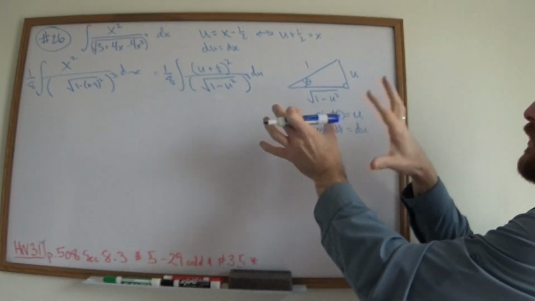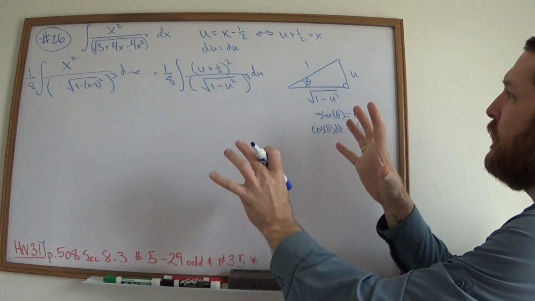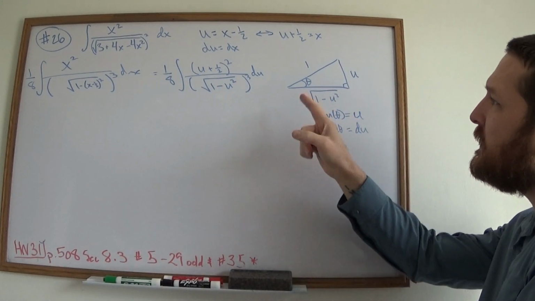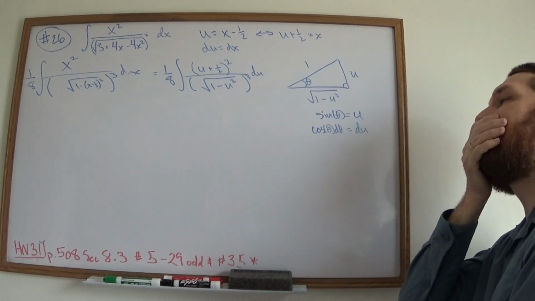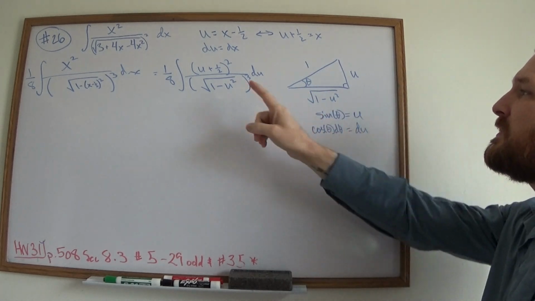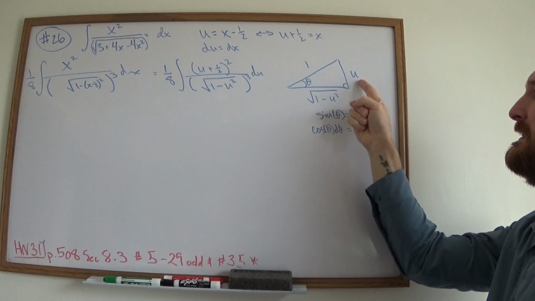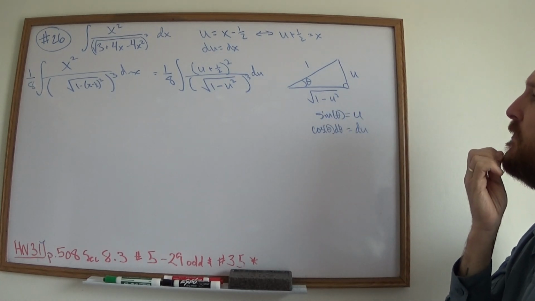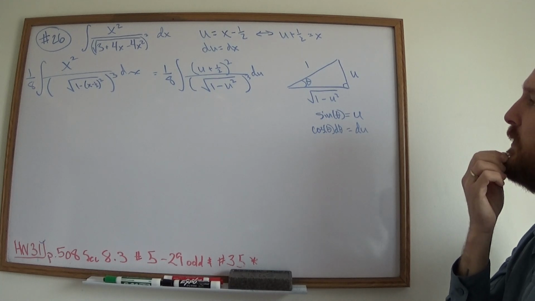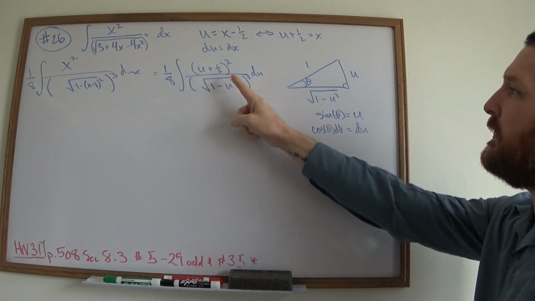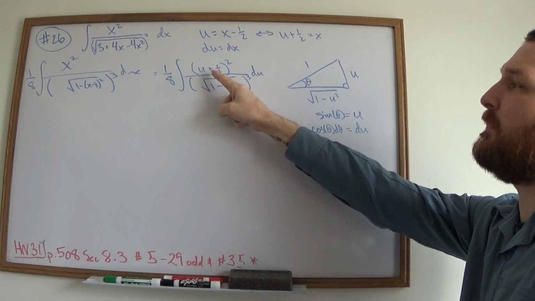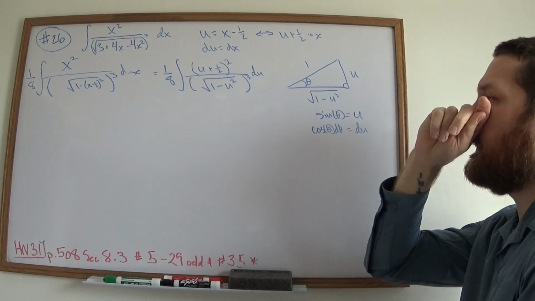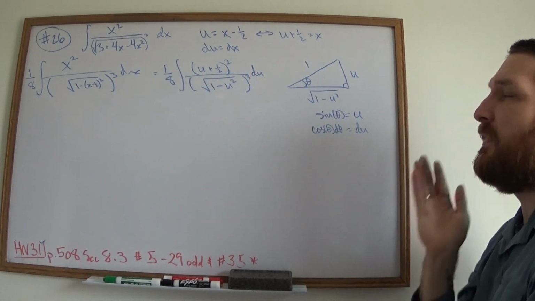Now, how do I do this? Because u plus a half, ugh, that's kind of yucky. Fine. But what I can do is go ahead and multiply this out in the top. That might help.